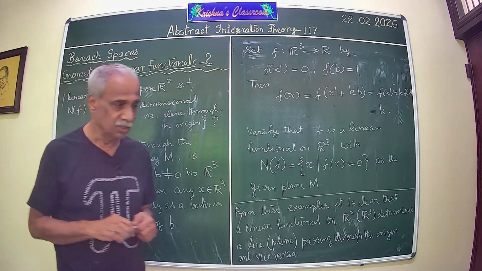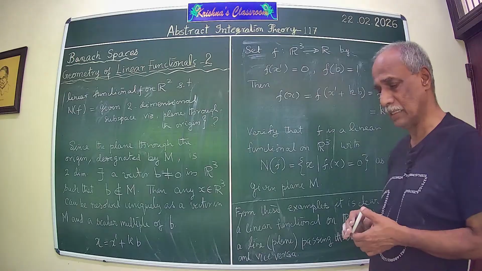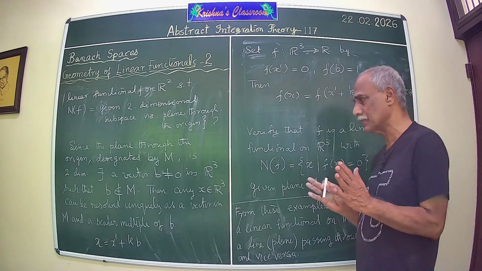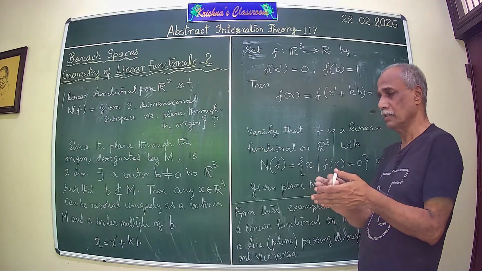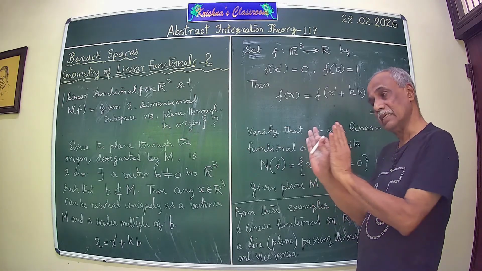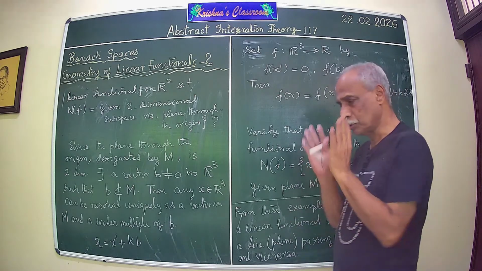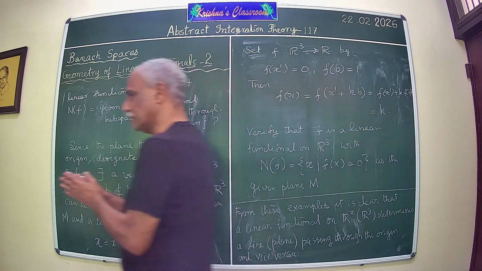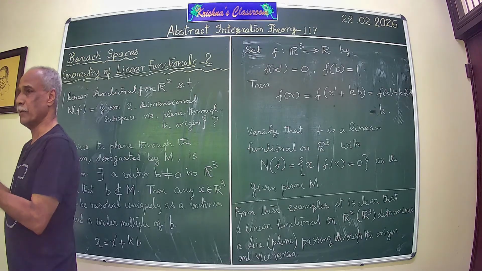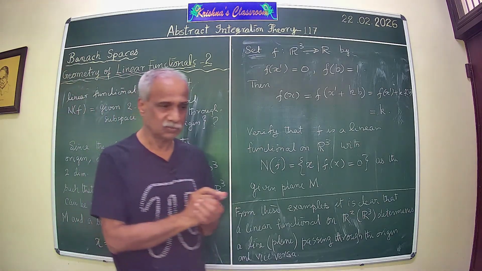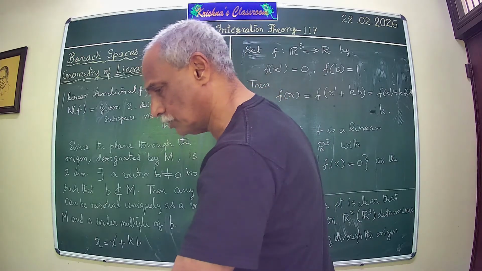Okay. So the observation that we make is that the null space of a linear functional, at least in the finite dimensional vector spaces, is a subspace of dimension 1 less than the dimension of the space. Okay. So this is what we conclude.